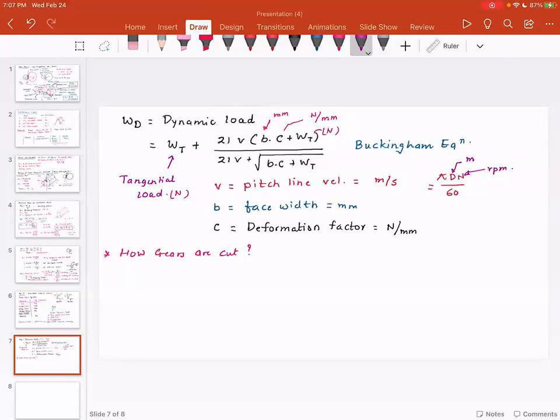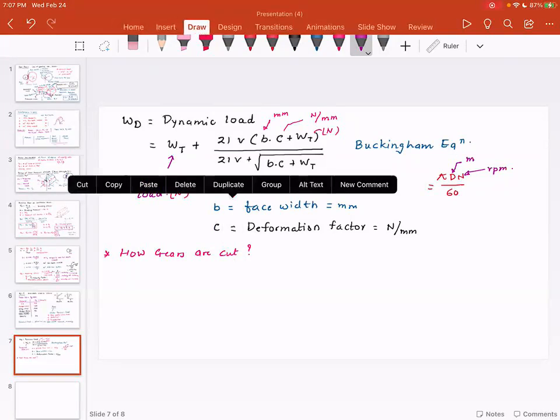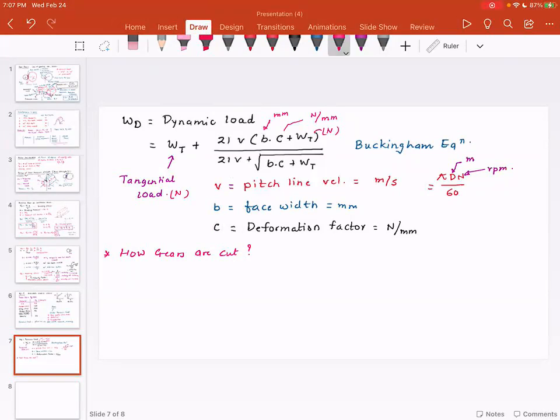Now, there are two ways to find C. Let me give you the tabular approach first, and then we will talk about the equation approach.